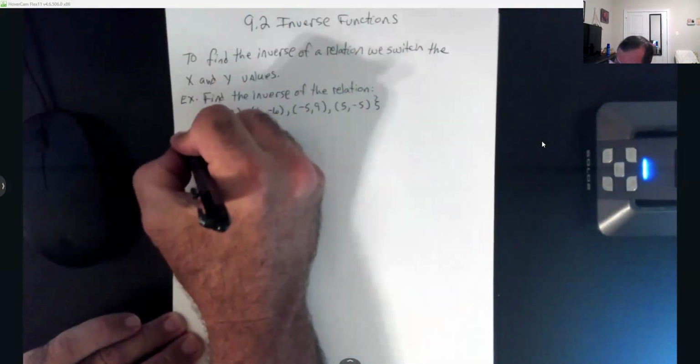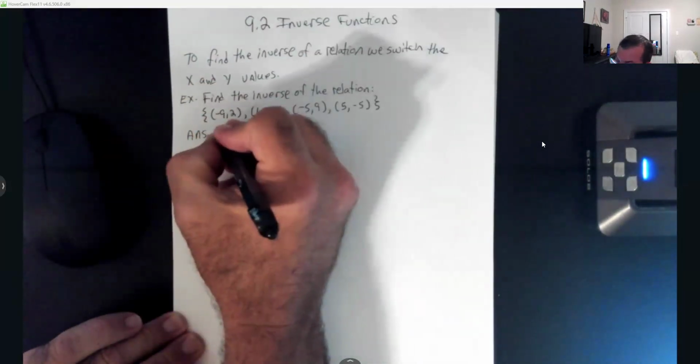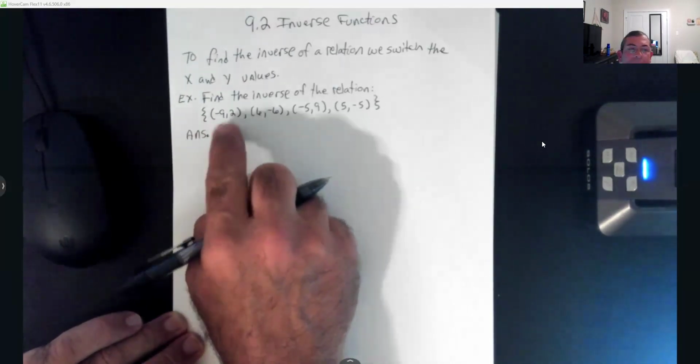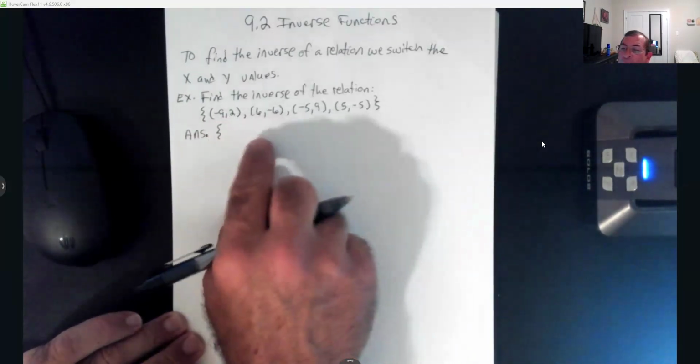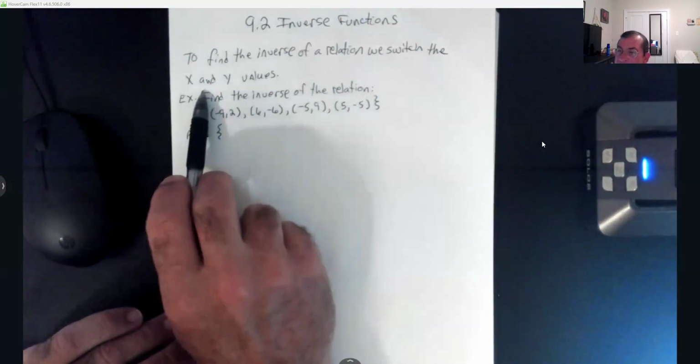So our answer for this one. Now, MATLAB will give you the curvy parentheses, but y'all, you got to put all the other parentheses and all the commas in it. So all we got to do is switch the x and y values.